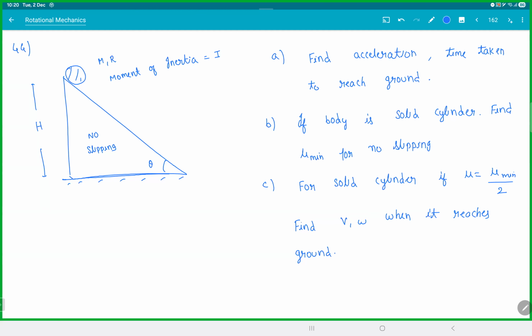Where is the torque about? If you answer that, you'll get the answer for what you're asking. Where are you taking torque about? If you take torque about a certain point, then I also must be about that point.